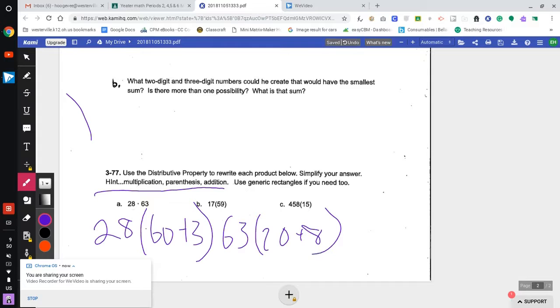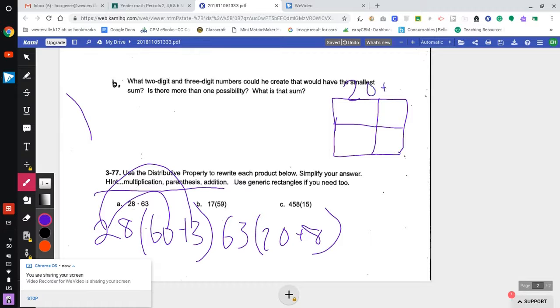Whichever way, multiply, multiply, add up your sum. Again, you could use the generic rectangle if you'd like. Just showing you for the first one. We got 20 plus 8, and then we have 60 plus 3, which I think is probably the easier route. Not knowing what 28 times 6 is and adding a 0 in my head, maybe the generic rectangle for the next 3 would be the easier way for you to go.